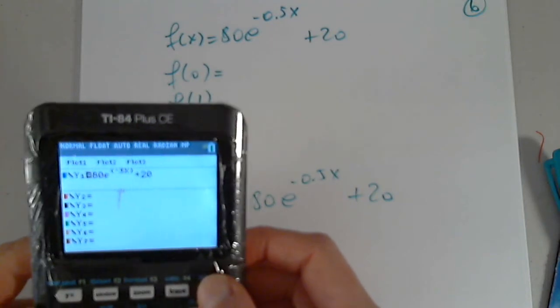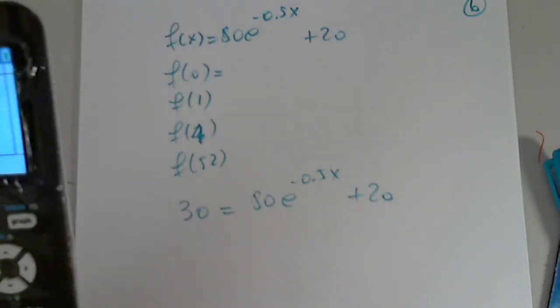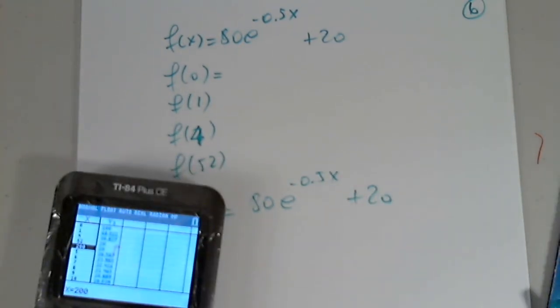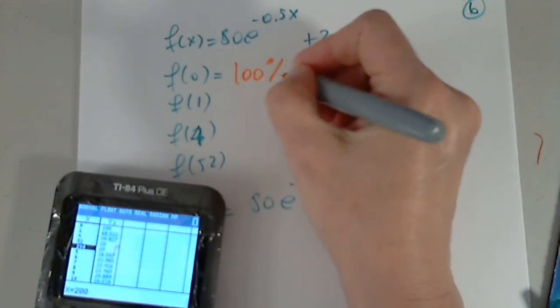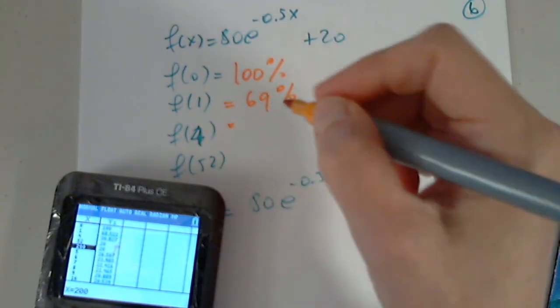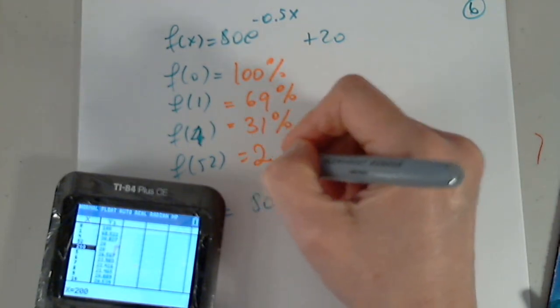And then we go to second table, and I plug in all these numbers, 0, 1, 4, and 52. I just copy the numbers: 100%, 69%, 31%, and 20%.